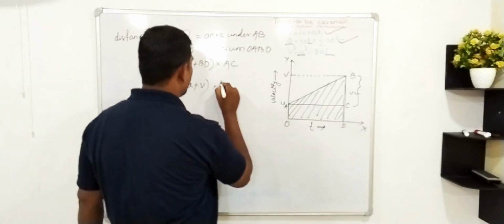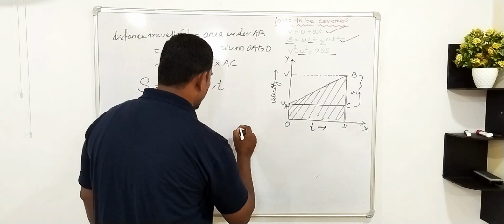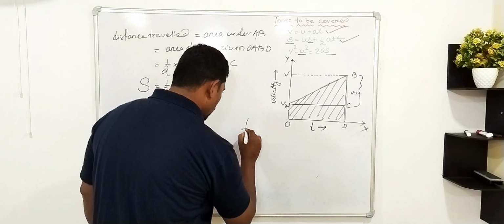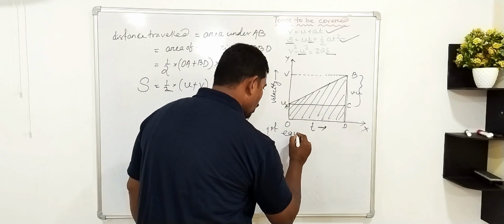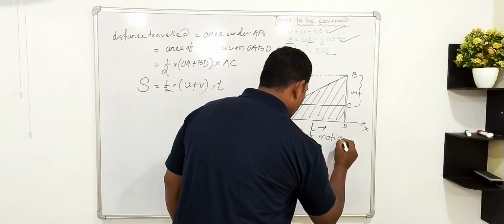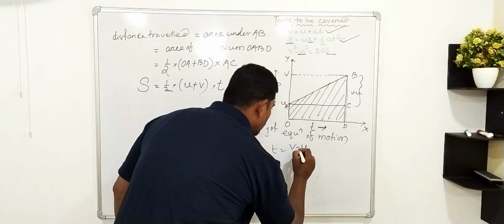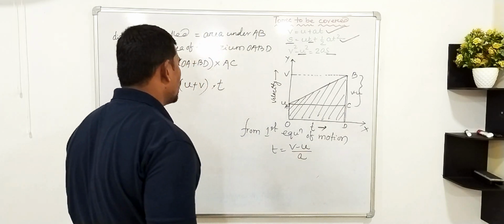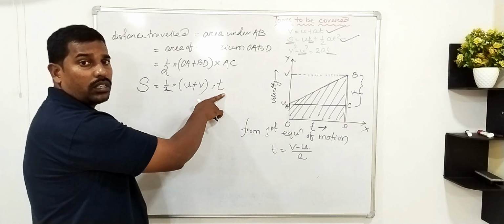AC is your T. But from the first equation of motion, T is equal to V minus U by a. So now replace the value of T here.